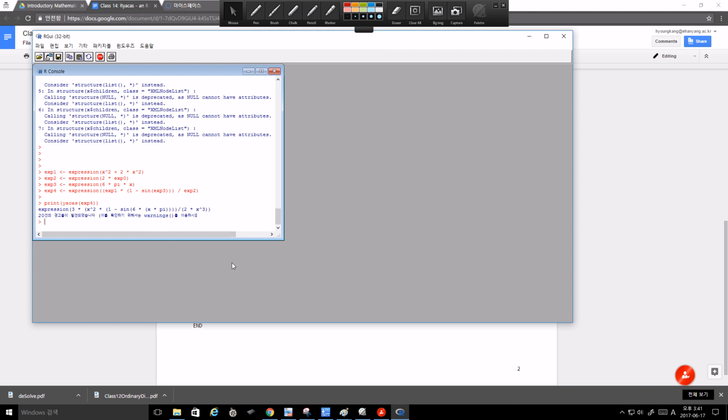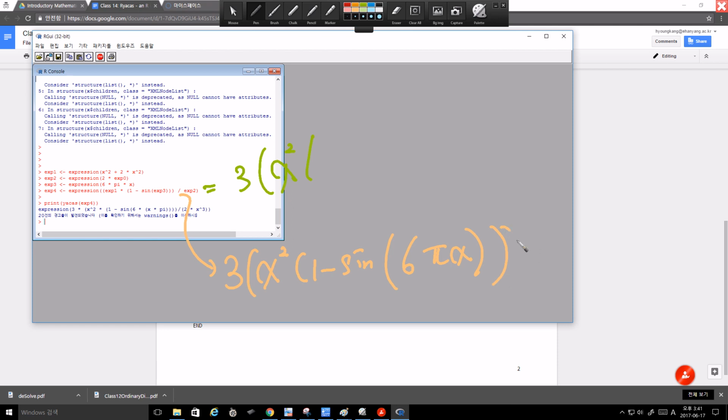Basically expression 4 is the same as 3x squared, and let me write it down again: 3 x squared times 1 minus sine of 6 pi x, and then divided by expression 2, right?